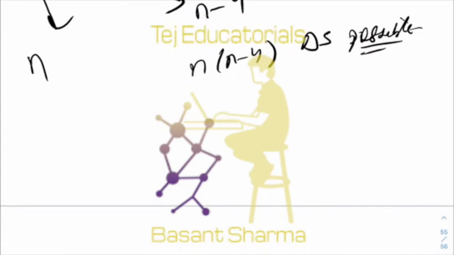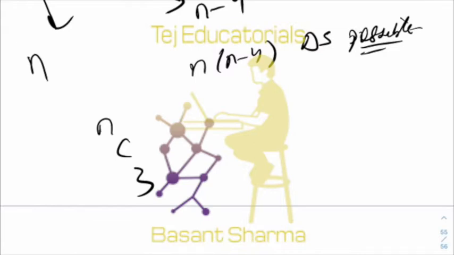Now if I ask you the total number of triangles which have no side in common with the polygon, again, this is pretty straightforward. I can calculate that this way: find the total number of triangles. What is the total number of triangles that you can form? They are selecting any three vertices out of the n vertices. These are the total number of triangles.